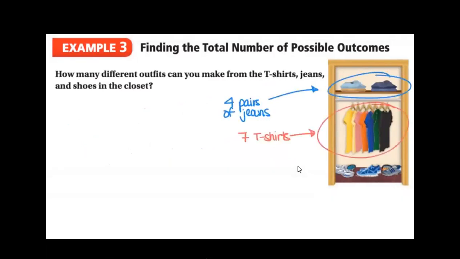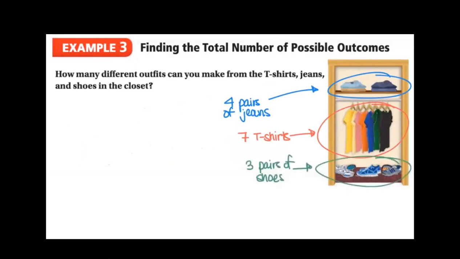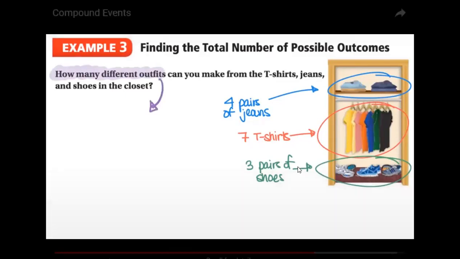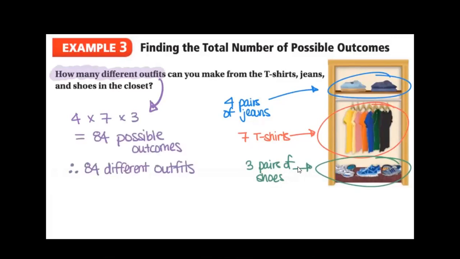There are 7 different t-shirts, so there are 7 outcomes. And we have 3 different pairs of shoes, so that's 3 outcomes. Now we can multiply the possible outcomes for each event, which are the jeans, the t-shirts, and the shoes. And this gives us 4 times 7 times 3, which is equal to 84 possible outcomes, and therefore there are 84 different outfits.